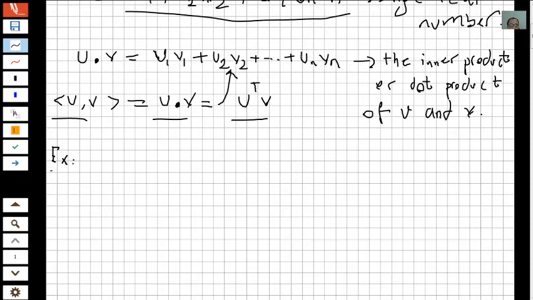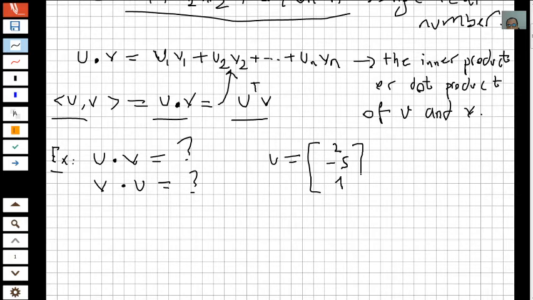So let's find u dot v and v dot u for the vectors. u has the components 2, minus 5, 1, and v has the components 3, 2, minus 3.